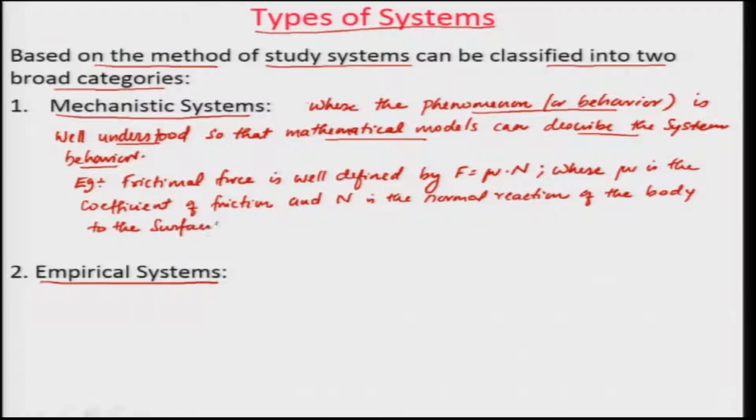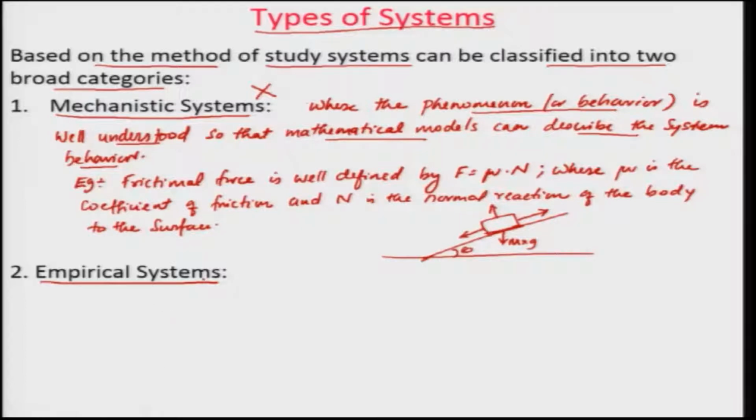We all have studied friction, where we studied an inclined plane, a body kept there, its mass times gravitational weight acting, a normal reaction to it, a force coming here, all these kinds of things, and then there is a coefficient of friction between these forces. I am not going to explain too much of this, but these kinds of systems are called mechanistic systems. This is not what we are interested in for our course. This is not our major focus point.